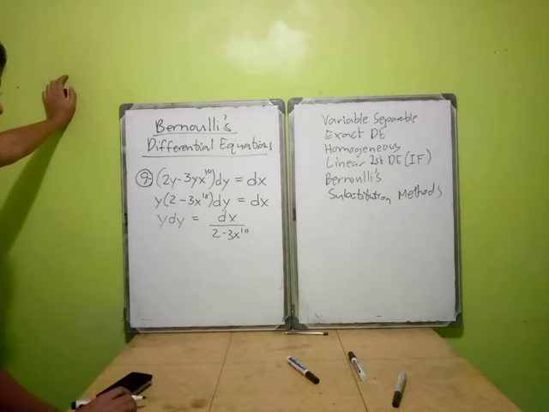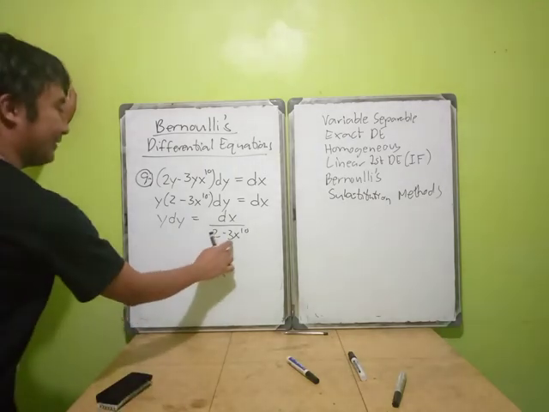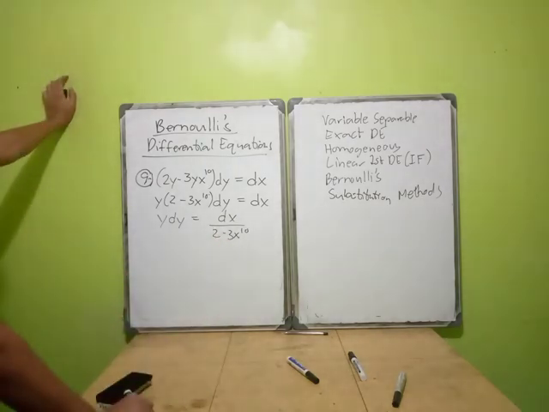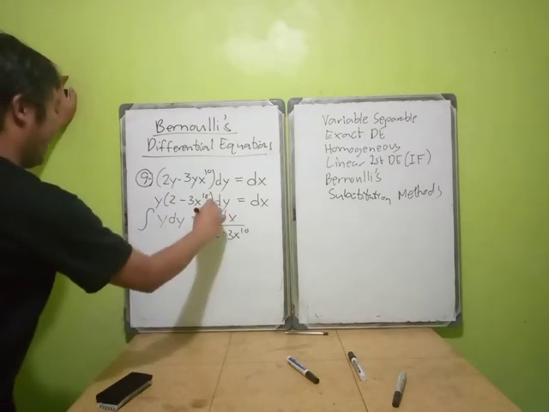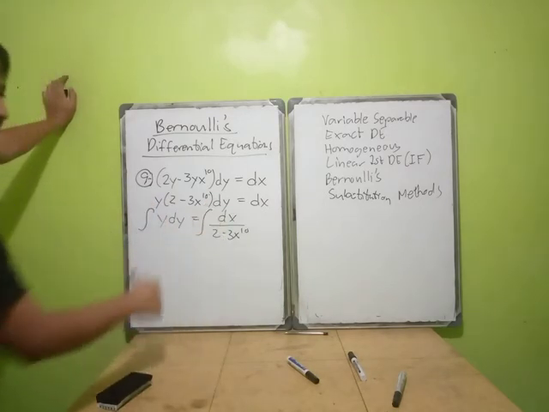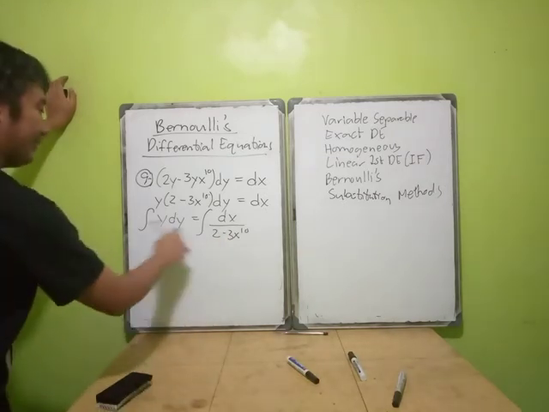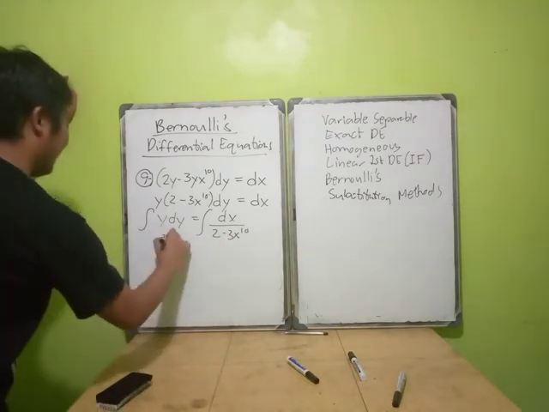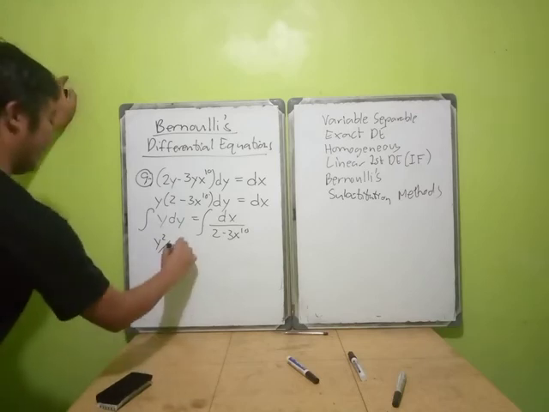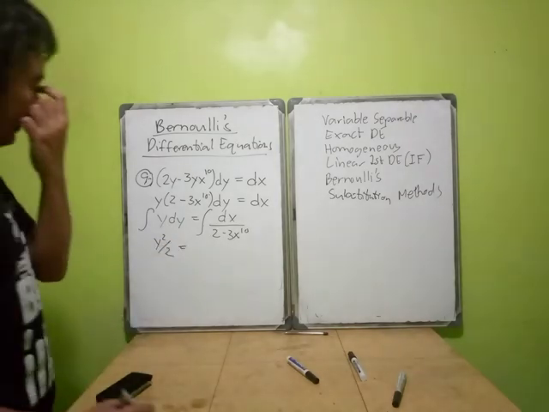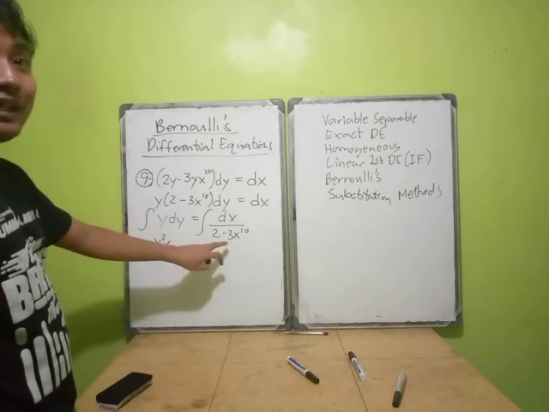So, the only problem we have is paano natin to solve. Okay? I'm sure you can solve this one. Magiging y squared over 2 to. Diba? Ang tanong na lang, paano to isolve?